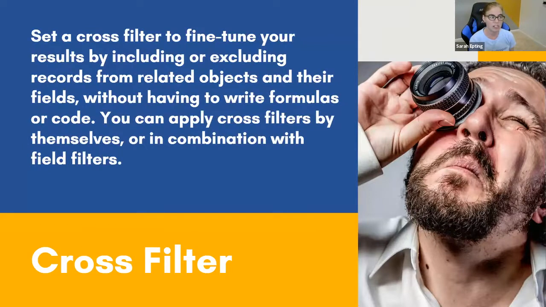And then a cross filter would be if I wanted to only see certain objects, so let's just say opportunities. If I only wanted to see opportunities that didn't have, I could put without account soft credits or without partial soft credits or without some related object to my primary object.